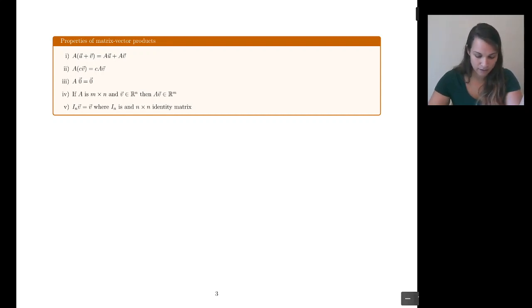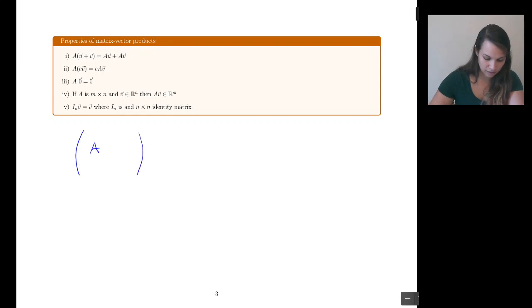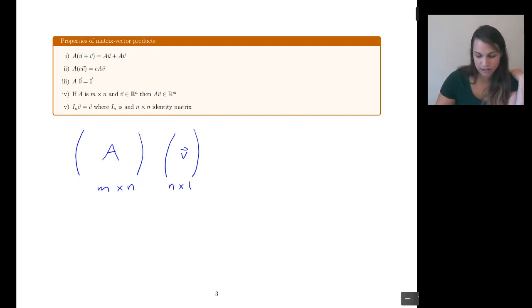And then last of all, we kind of touched on this. If A is an m by n matrix, I'm going to try and write this out to help. So A is m by n, and V is a vector that is in Rn. That means it has n rows and one column, so we can use the same notation here.